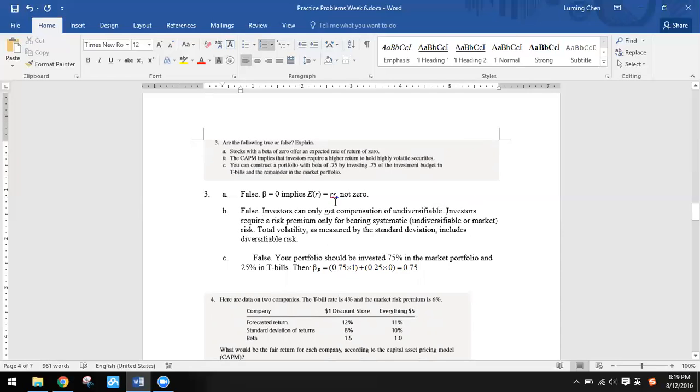So investors require a risk premium only for bearing systematic or undiversifiable or market risk. Total volatility as measured by the standard deviation includes diversifiable risk. So you will not get compensated for firm risk or individual risk.